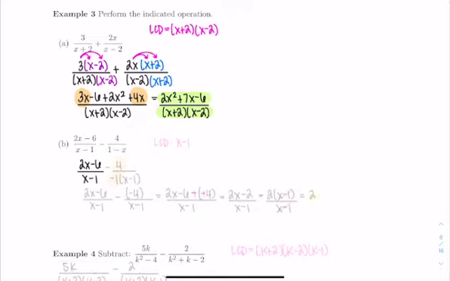So I am going to multiply the second one by -1, and then we have our x minus 1. So it'll be a little bit easier to see the LCD. Our LCD here is actually just x minus 1.